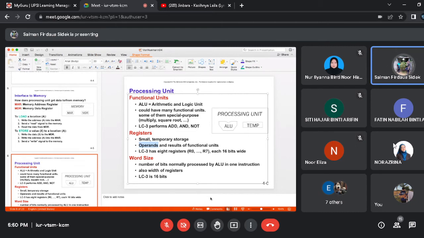FC3 is 16 bit. So that is the hint of the answer. So what is the answer? In a face to face class, I would give RM1, RM2, sometimes RM5 to those who can answer my riddle.